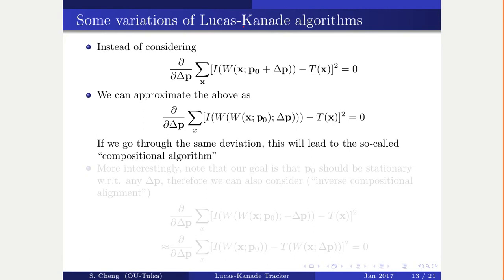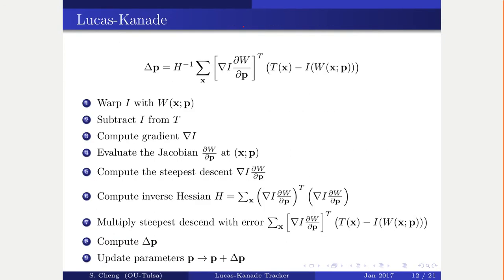Okay, now let's look at some variations of the Lucas-Kanade algorithm. Basically, those variations are trying to address one issue: the Hessian matrix here is quite computationally intensive to compute.